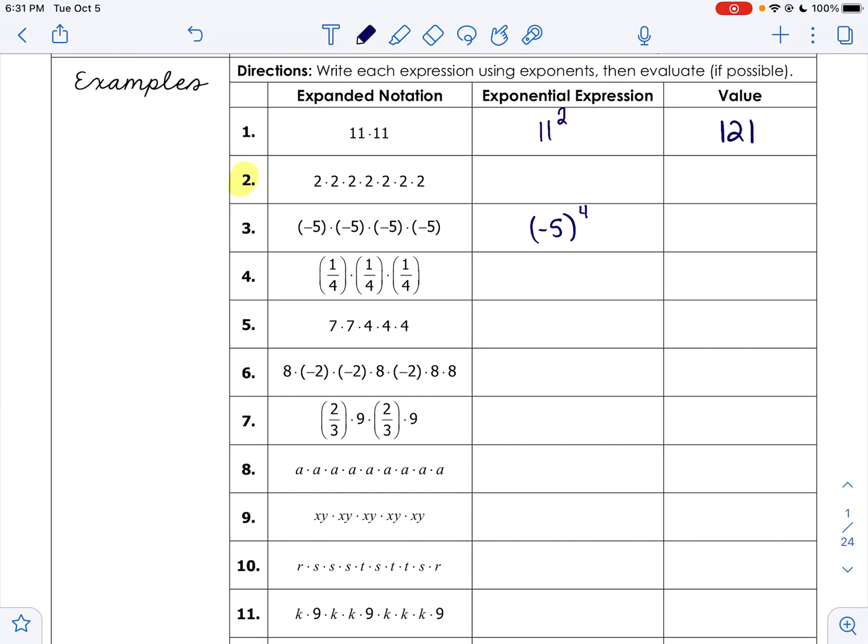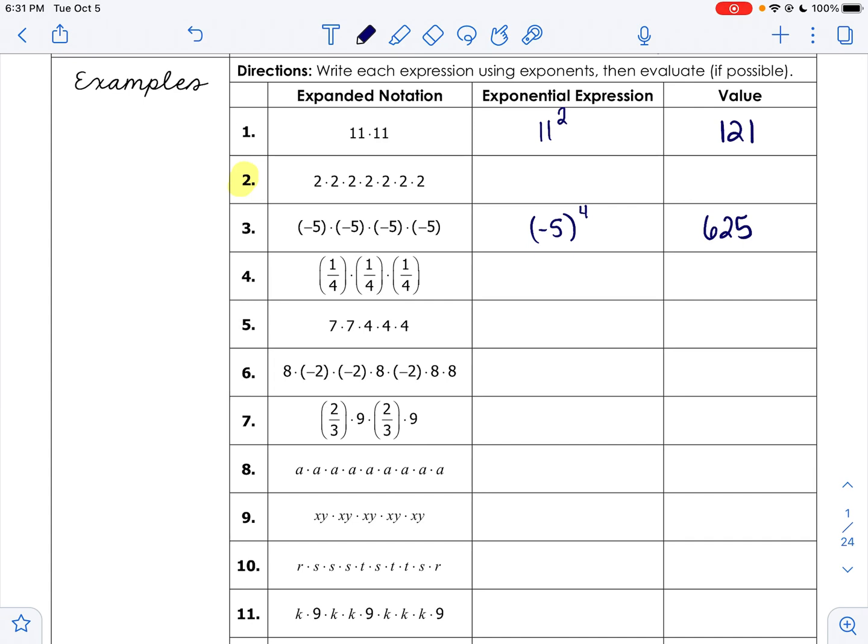And we can also evaluate this one and find the value. Negative 5 times negative 5 times negative 5 times negative 5 ends up being 625. Now, if you're using a calculator to calculate that, make sure that the negative 5 is in parentheses and your exponent of 4 is on the outside of your parentheses.